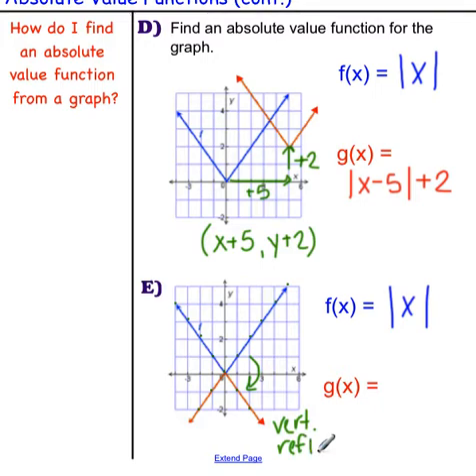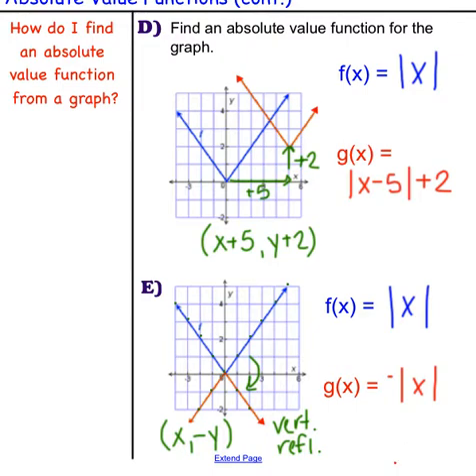And vertical reflection affects the y, which means that my rule is going to be x, negative y. Which, if we build this, we know vertical means it's going to be outside of the function. So we can take our absolute value of x, and then reflections make it negative, so we can put the negative out front, and we have our function.